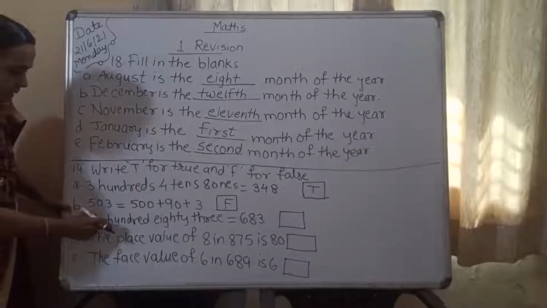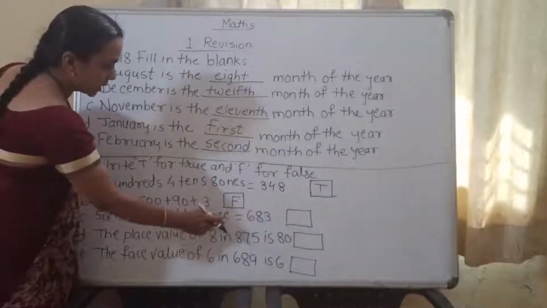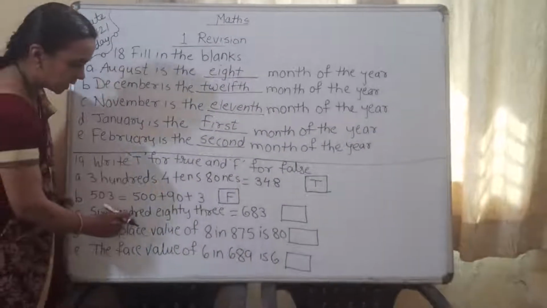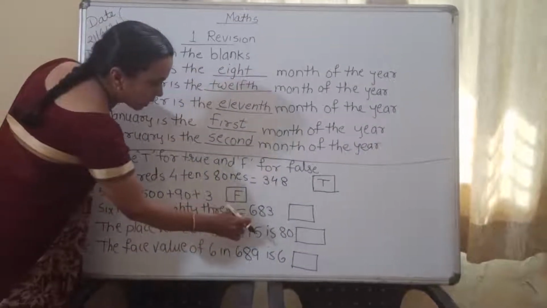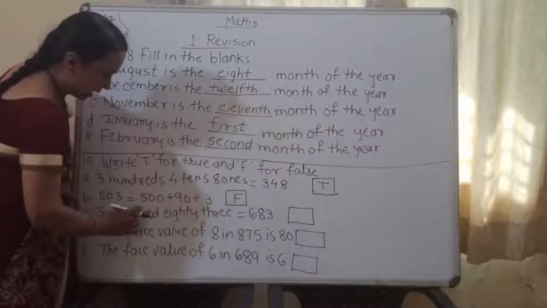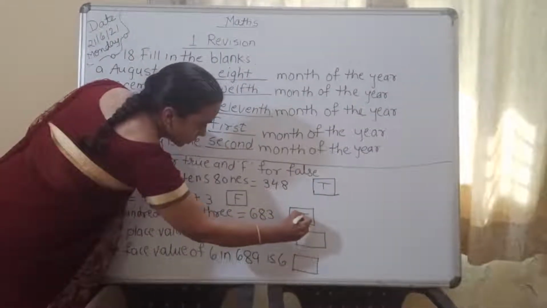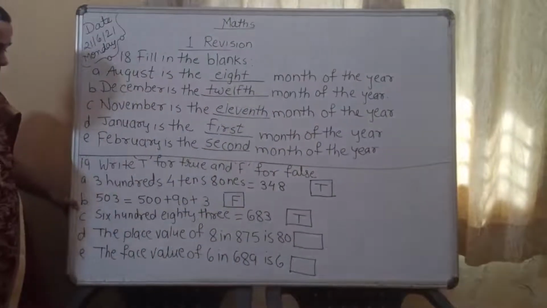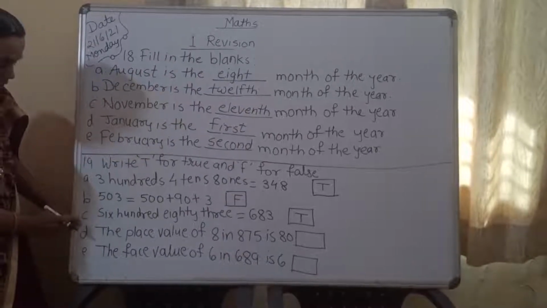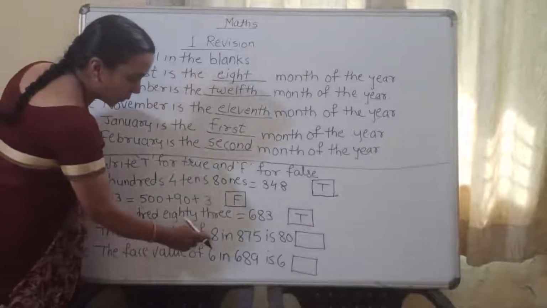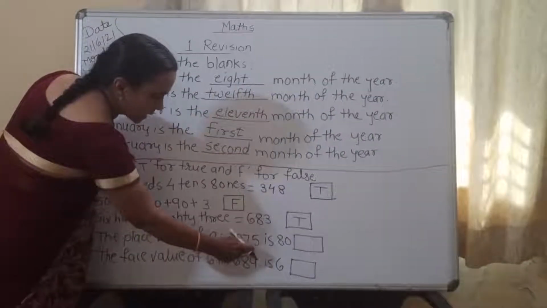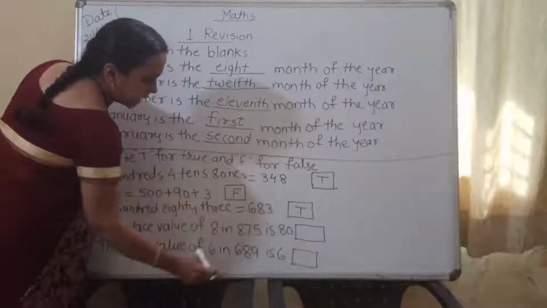Okay. Now see third question. 683 equal to 683. It is the correct answer. So we have to write down here T. Now see D question. The place value of 8 in 875 is 80.